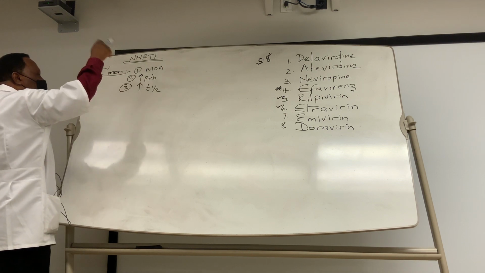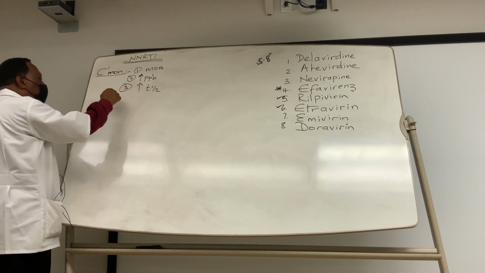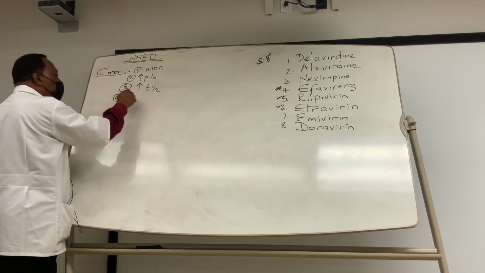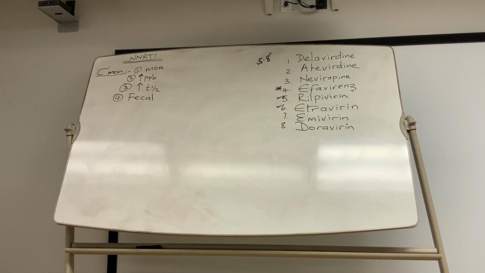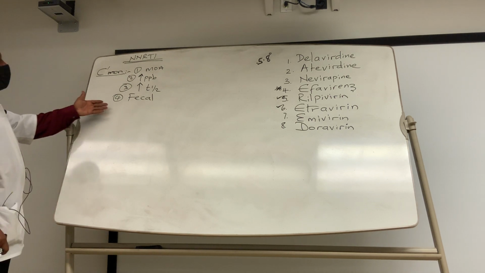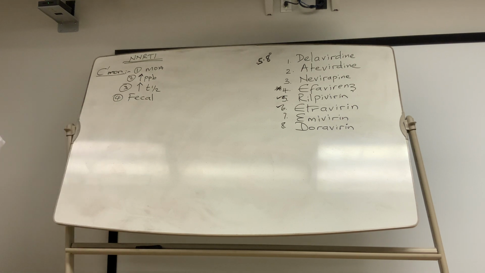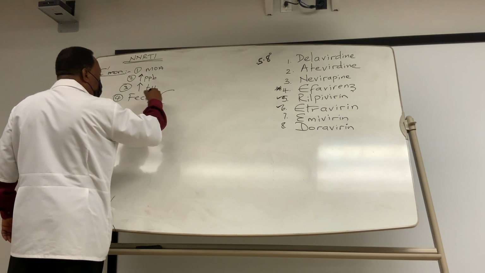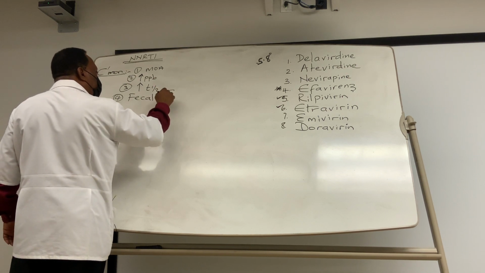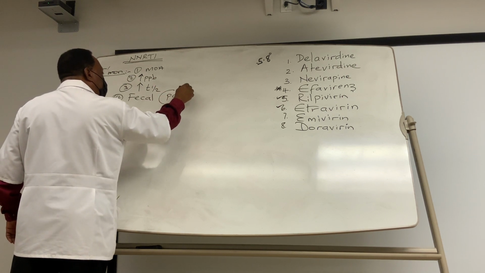So they have very long half-lives, and their primary route of excretion is fecal. So for most of these agents, you don't have to worry at all about the condition of the kidneys, because the excretion route is mainly fecal, especially for the parent compound.